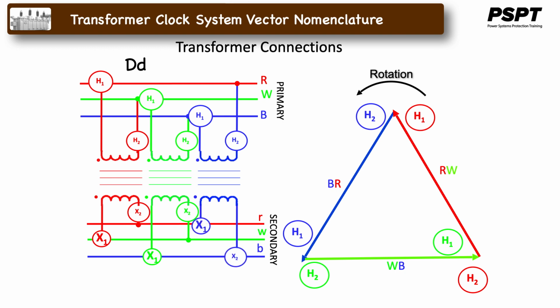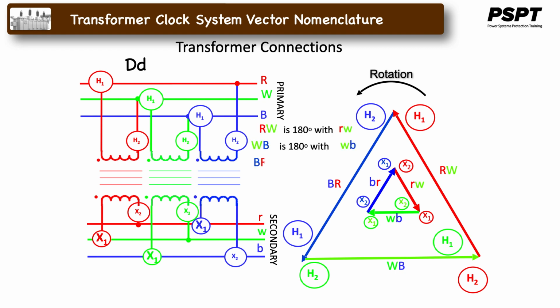The phasors of the secondary would be reversed, giving us this phasor configuration, meaning that the red to white primary voltage is 180 degrees out of phase with the red to white secondary. The white to blue is 180 degrees out of phase with the white to blue primary to secondary, as is the blue to red primary 180 degrees out of phase with the blue to red secondary.